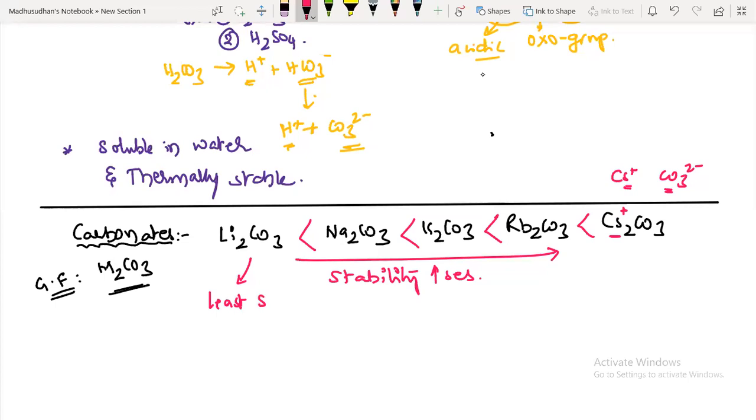Lithium carbonate is least stable. On heating, it decomposes easily. Li2CO3, upon heating, look at how it decomposes. Lithium oxide and carbon dioxide are formed. How does it happen? There are two lithiums attached to one oxygen, so carbonate is there.